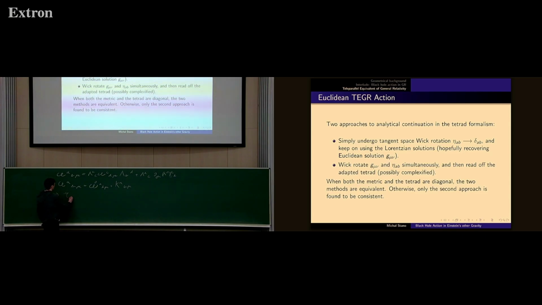Let's just write down the left-hand side of the original expression to be given in terms of the Minkowski spacetime metric eta mu nu. On the right-hand side, we just write down the usual expression for tetrads, given as eta AB, whatever.